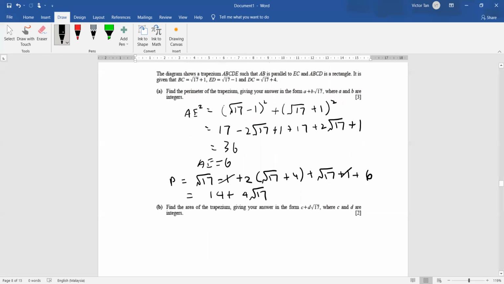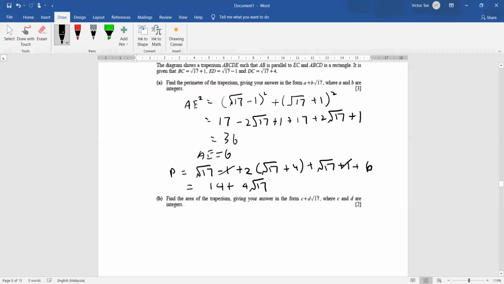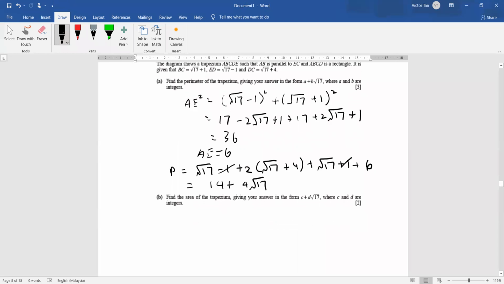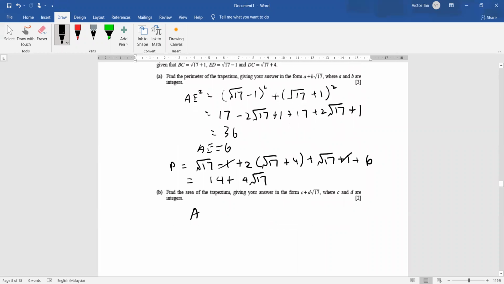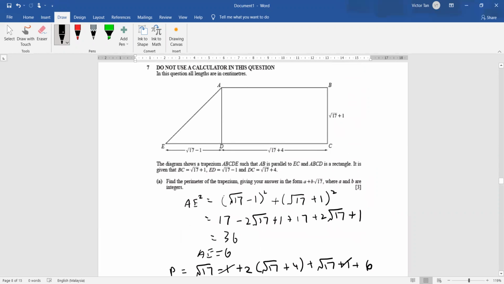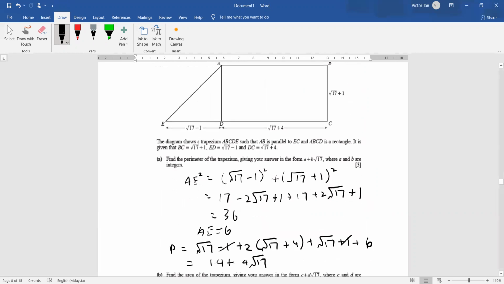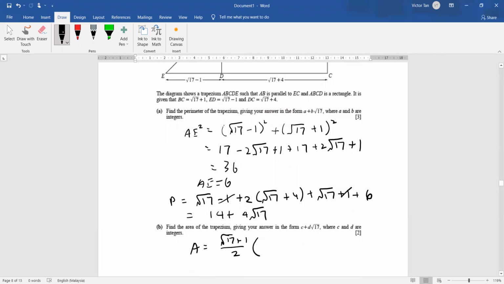Okay. Find the area of the trapezium, giving your answer in the form c plus d root 17. So the area is the height, which is root 17 plus 1, over 2, times the sum of the parallel sides.